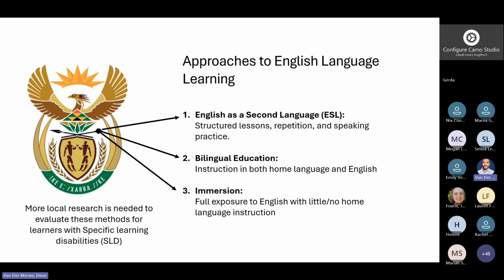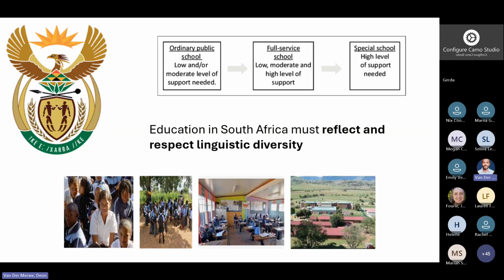And each of these methods obviously has its strengths, but we still need more, I think, local research to keep on uncovering our understanding of how well they work for learners who also have learning disability, especially with the pace in which the conversation of neurodevelopmental disorders are finding residence within our schools and our communities and our higher institutions.